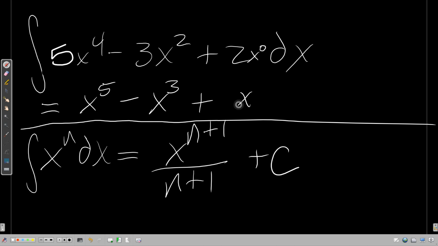That new exponent is 1. Here's my 2, and then it's divided by 1. All right, and don't forget your plus a constant.